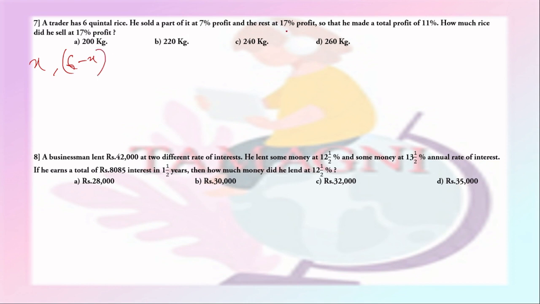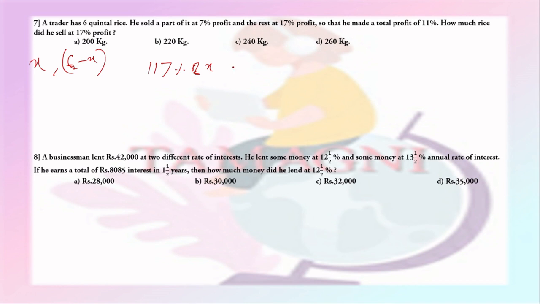Since he makes 17% profit on x quintal, we can write he actually gets the money equivalent to 117% of x quintal rice price. That is 117% price of x quintal rice.